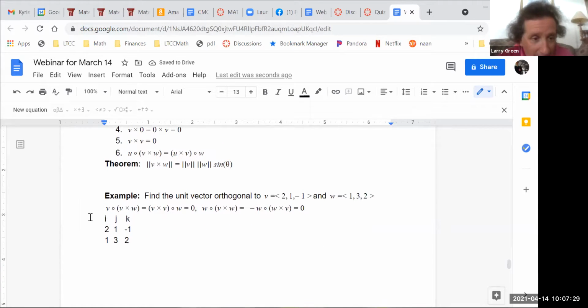We're going to have I times 2 minus negative 3, or 5I. And then J: 4 minus 1 is 5, so that's going to be minus 5J. And then K: 6 minus 1 is 5, so that's going to be plus 5K. Okay, we want the unit vector. How do you find the unit vector?